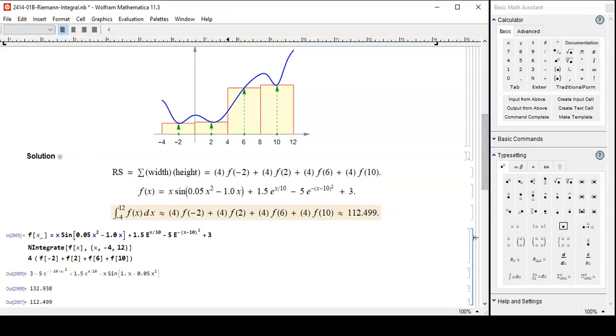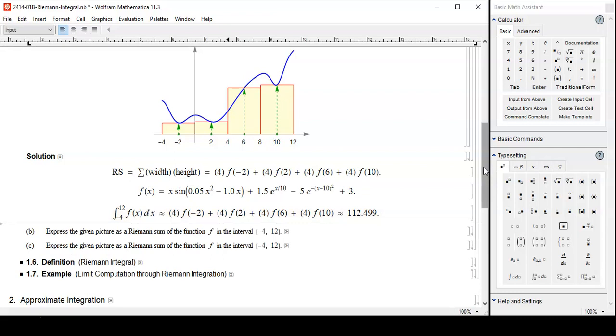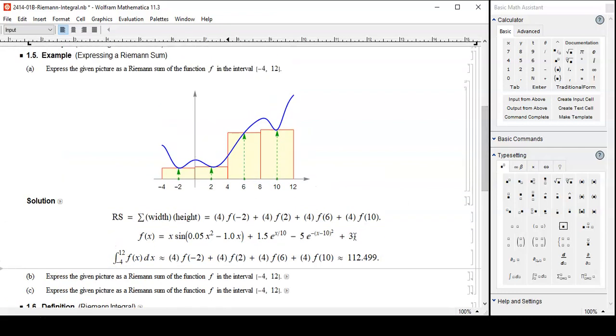So if I give you an algebraic expression of the function, but completely uncalculatable by design, then you can get the Riemann sum expression and punch these into a calculator and get some approximate value. That'll be the end of the solution, okay? If I did not give you an algebraic expression of the function, then this expression will complete the problem.